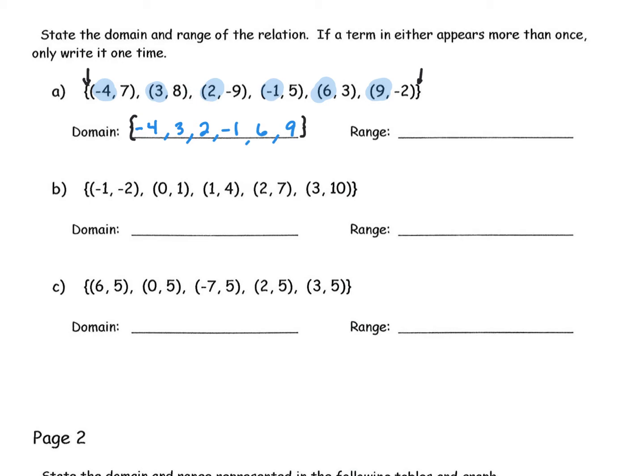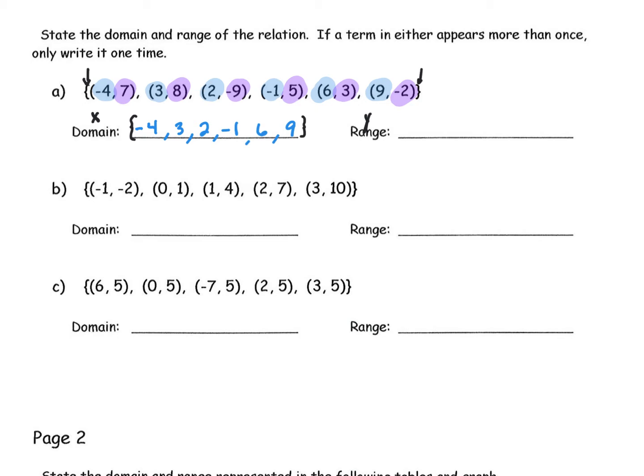So we're going to do the same thing, but we're going to look at the range. So again, I think it's easier if we highlight it. I'm going to highlight all of the y values because the range has to do with the y values and the domain has to do with the x values. So we're going to list that now.